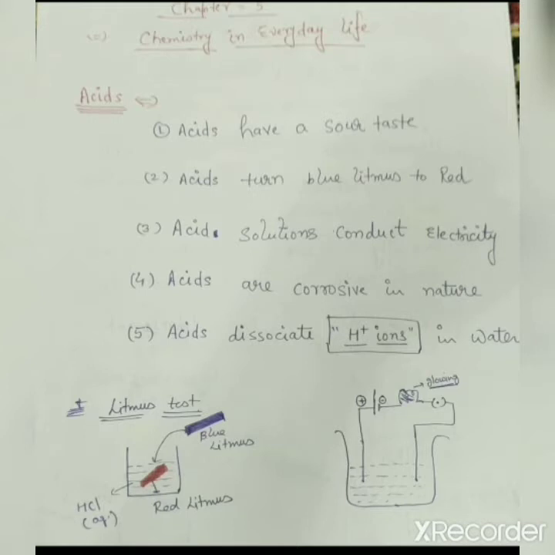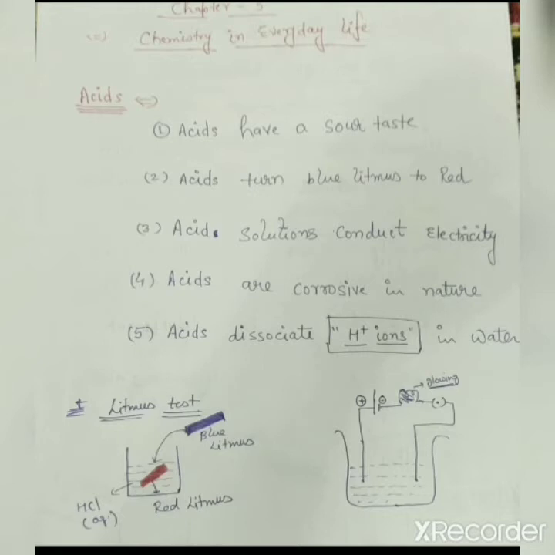But there are lots of acids which are strong. We cannot taste them because they are corrosive in nature. So how do we test that these are acids? We will use the litmus test. So the second property of the acids is they turn blue litmus into red.